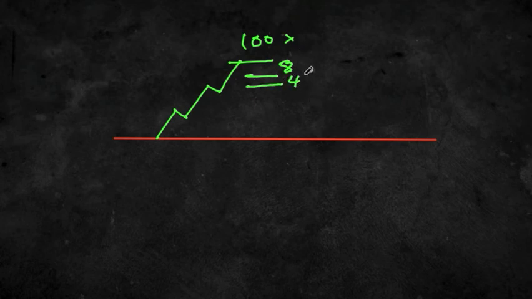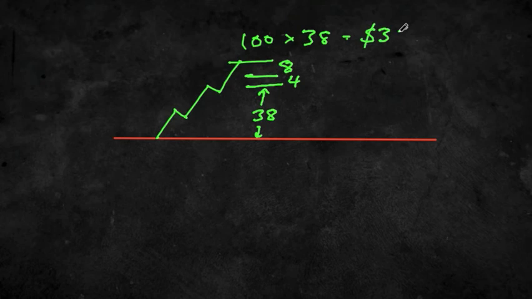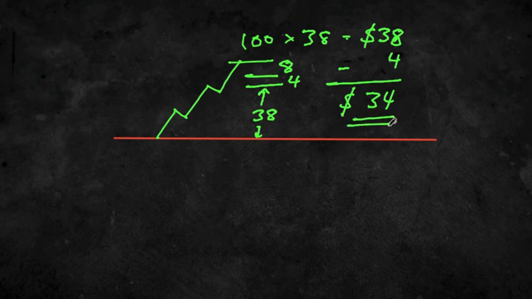I won't even add additional spread that the broker may add. So now your move no longer is 50 cents, it's 38 cents. So 100 shares times 38 cents is $38 profit. But let's take off $4 for the brokerage fee. It's probably going to be more than that, and that leaves you with $34 net profit. Your fees will probably be double that because you pay to buy and you pay the same again to sell, but let's just leave it at $4.